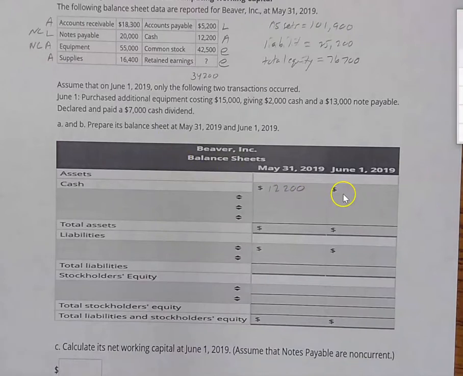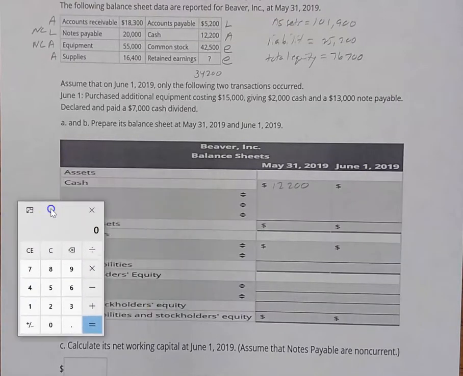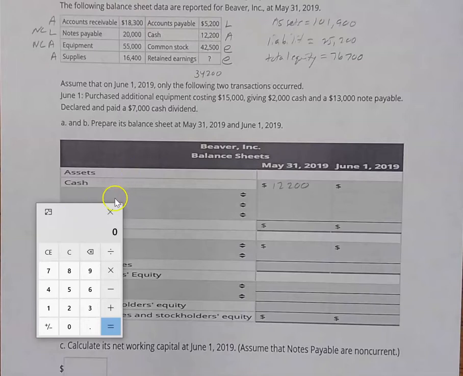Now, if it were me, I would consider those two cash transactions. Our cash balance went down by $2,000 here for the down payment on the equipment, and also again here.